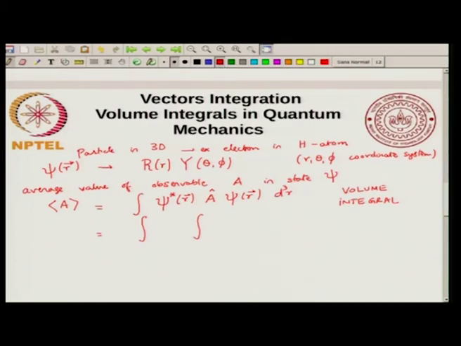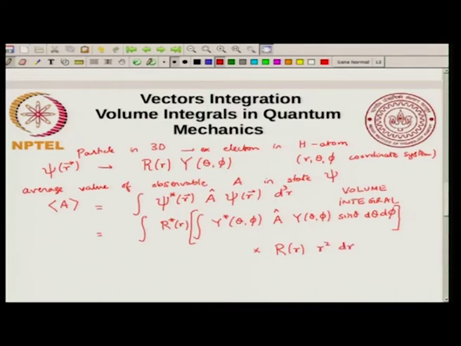So you will have R star of r, and Y star of theta phi, and now you have this operator A, and Y of theta phi, and sin theta d theta d phi, and this multiplied by R of r, r square dr.